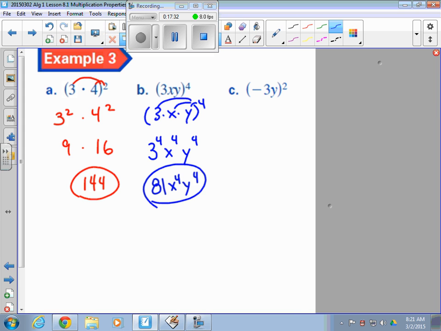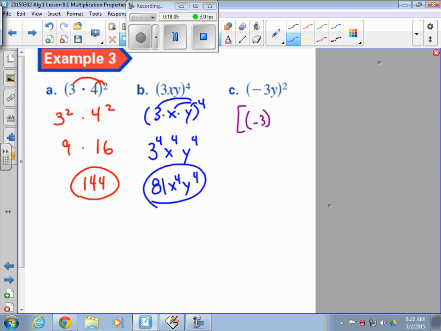Negative 3y squared. Again, it's just like example C from a second ago. We have negative 3y squared. Again, if you have to separate them, do so.